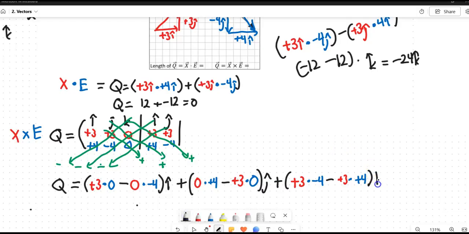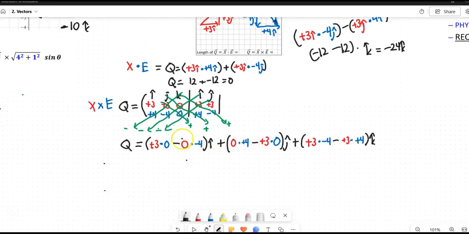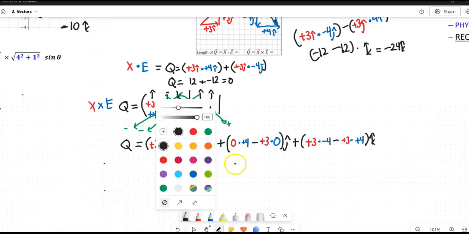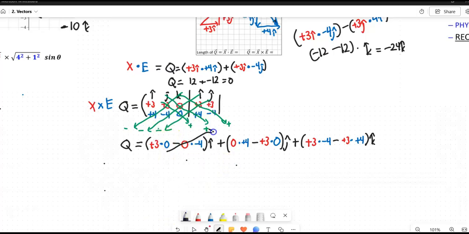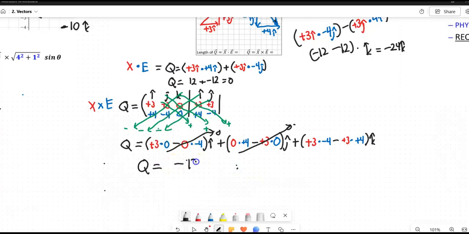And this is times the k hat direction. Okay, so what we find out is that this is 0, this is 0, so that Q is only going to be due to this portion, which is going to be, just like we predicted, negative 12 minus 12 k hat, which is going to be negative 24 k hat.